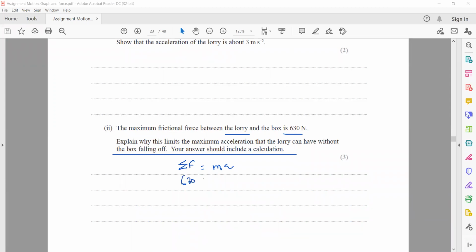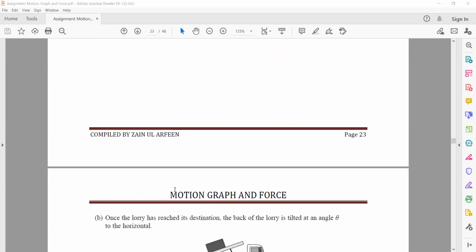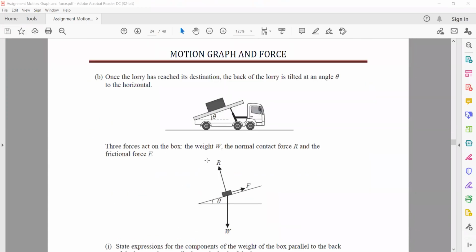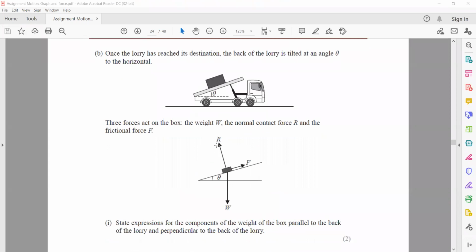So 630 divided by the mass 200 gives the maximum acceleration for the box: 3.15 meter per second square. It cannot be more than that. If it is more than that, then the box will fall off from the lorry.